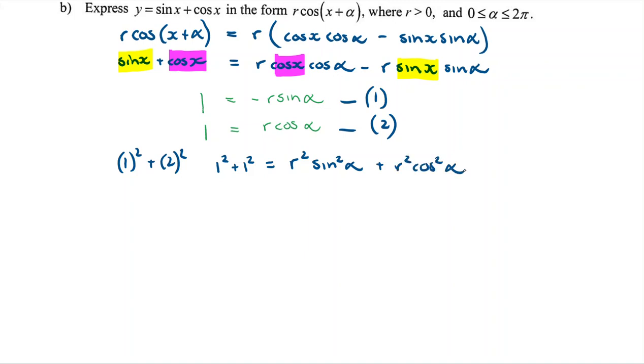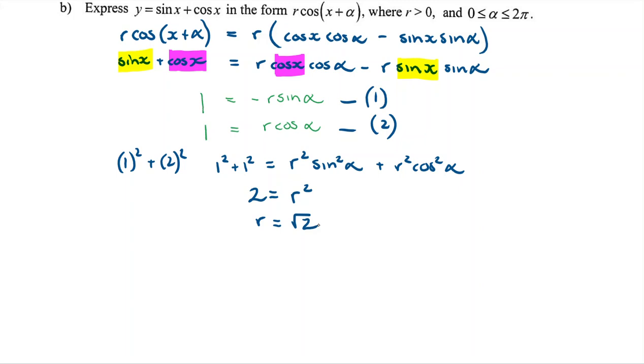You guys okay with you seeing what I'm doing there? Okay, factorize the r squared out, which means the sine squared plus cos squared would just become a 1. And we're back to our 2 again. So we're still getting r is equal to root 2 like we did last time.